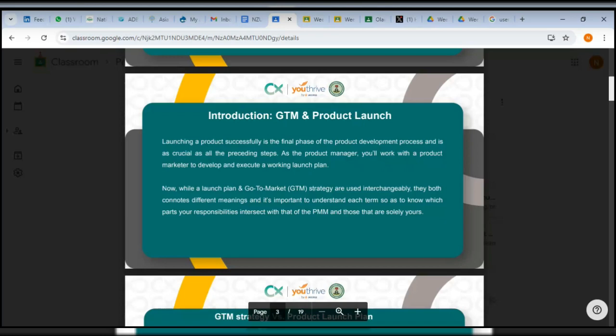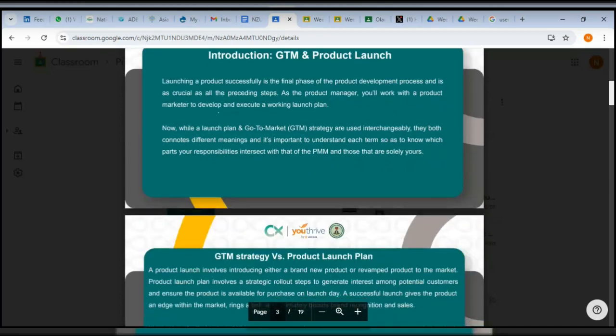Now, while a launch plan and go to market strategy are used interchangeably, they connote different meanings, and it's important to understand each term so as to know which parts of your responsibilities intersect with that of the product marketing manager, PMM, and those that are solely yours.